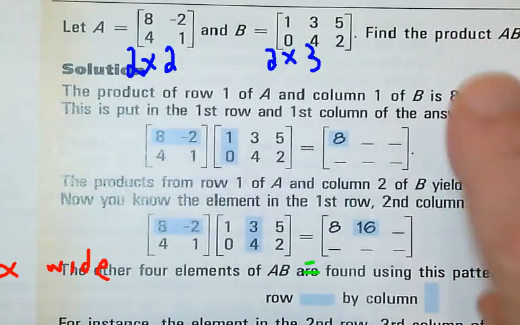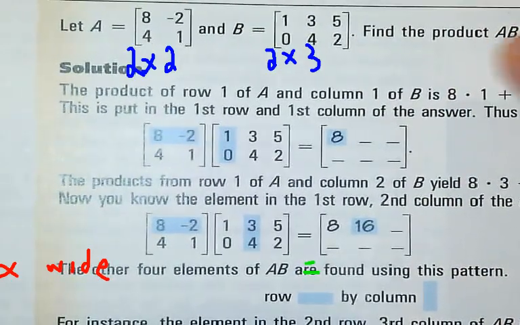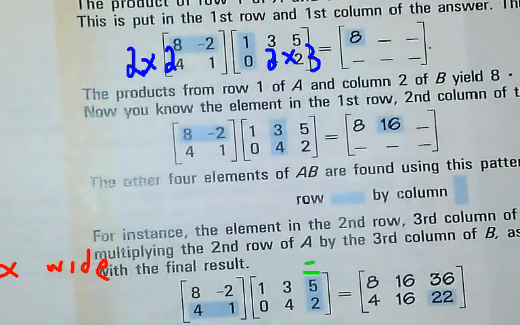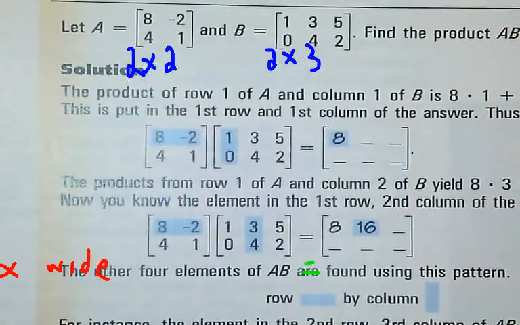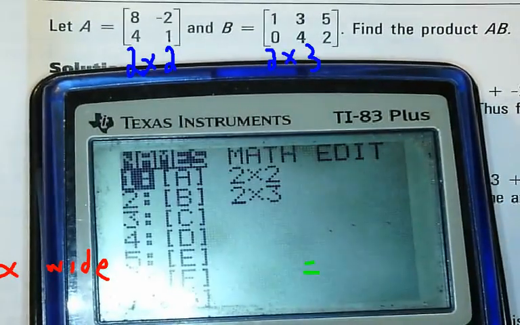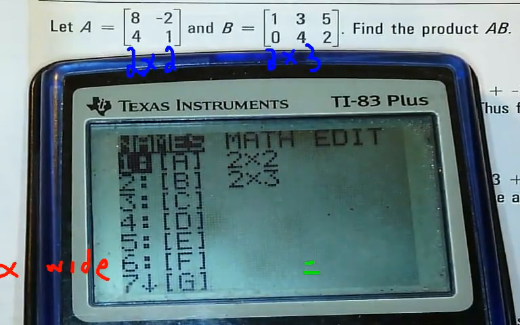Now, what do I want to do? I want to multiply A times B. See, that's what that says. And we know what the answer is supposed to be, as they tell us the answer right down there. So we're going to do A times B. So how do I do that? Well, I have to go second matrix, right? And then I have to select matrix A. So I just hit enter.